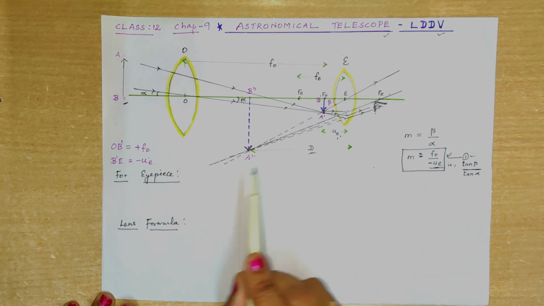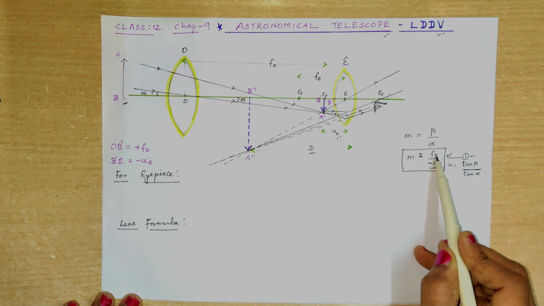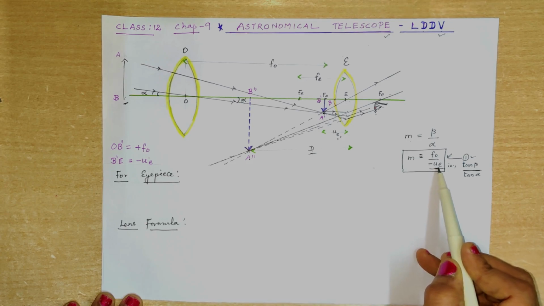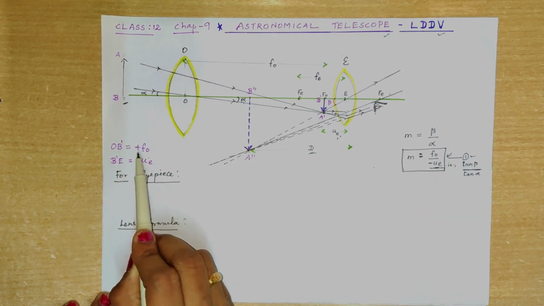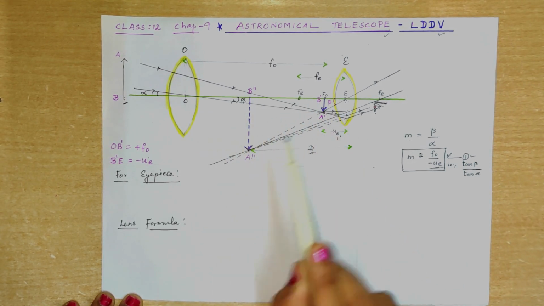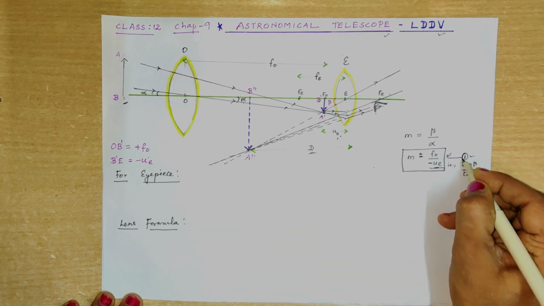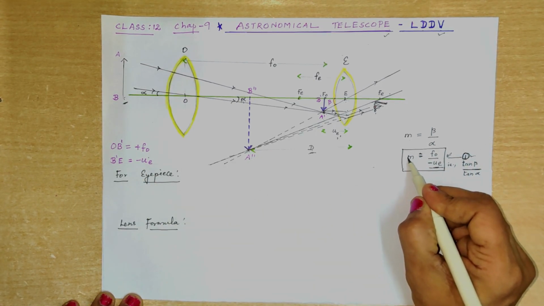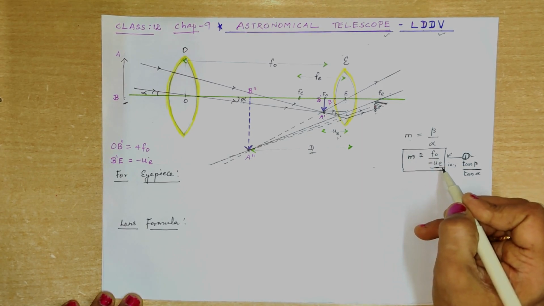With respect to the diagram, when we do this calculation, it is going to give us FO upon minus UE, because OB dash is equal to plus FO, this distance, and B dash E is going to be minus UE. Therefore, our first equation, the magnifying power, is initially given by FO upon minus UE.